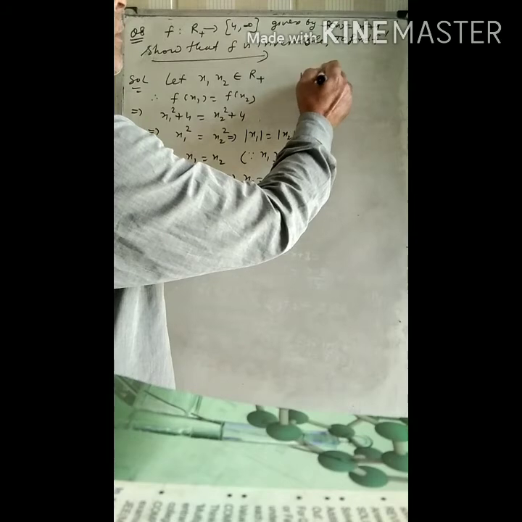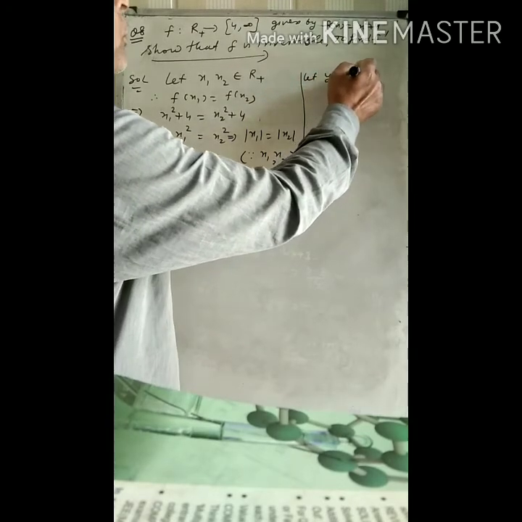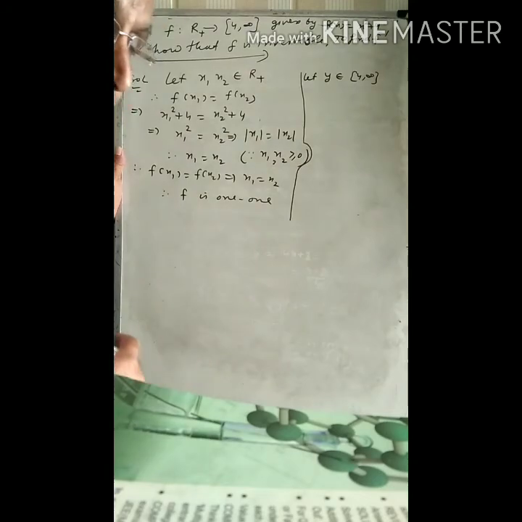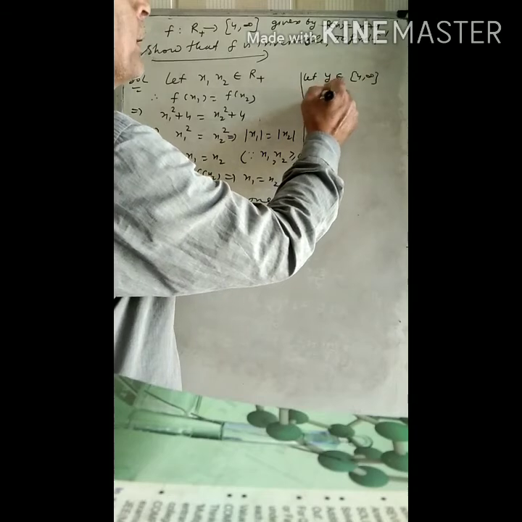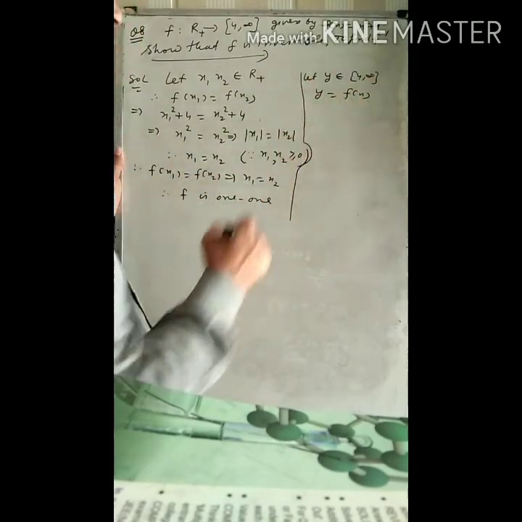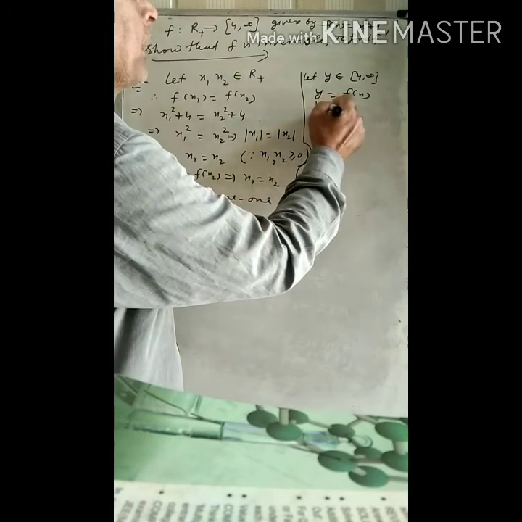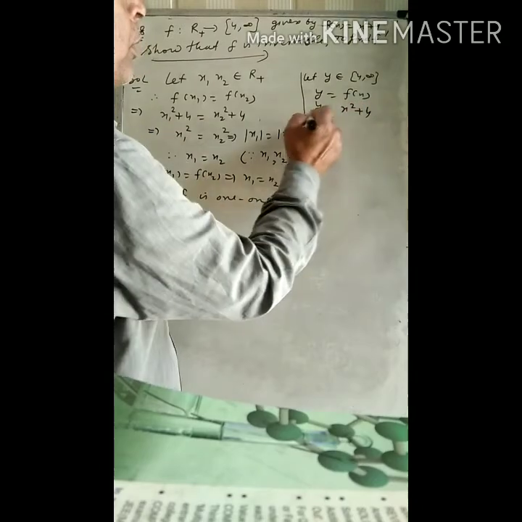Let y belong to [4, infinity). So y is equal to f(x). So y is equal to x square plus 4.